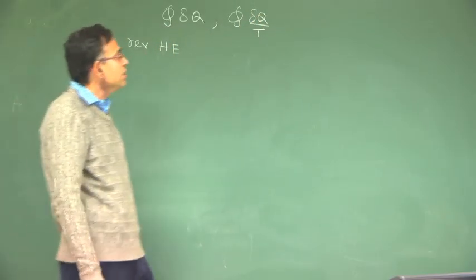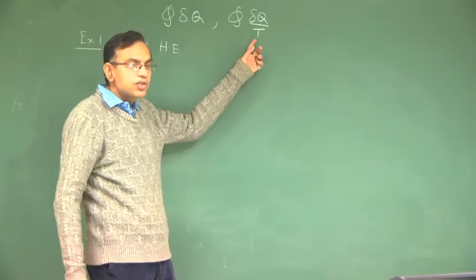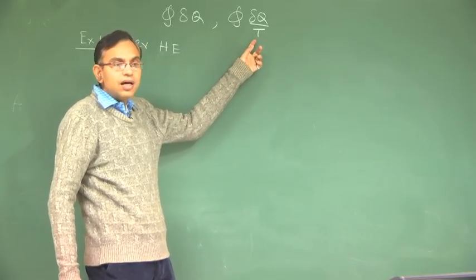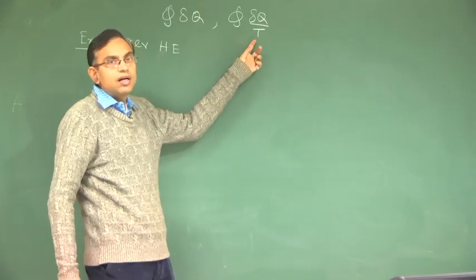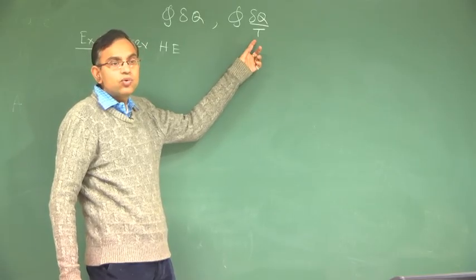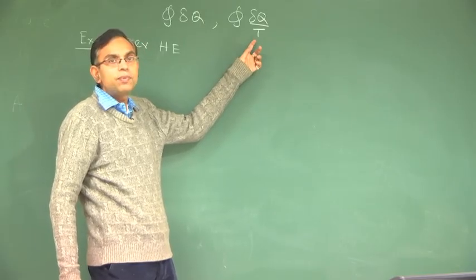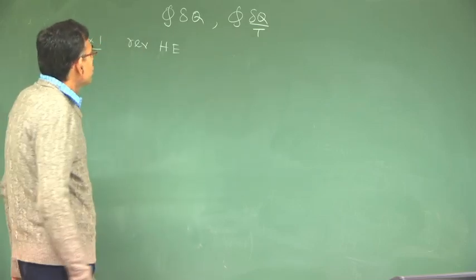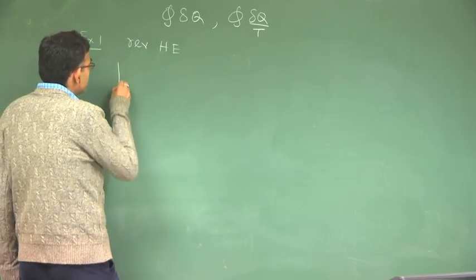We will see later on that this happens to be a very important parameter so far as the quantitative estimation with respect to performance in the purview of the second law goes. So, reversible heat engine.